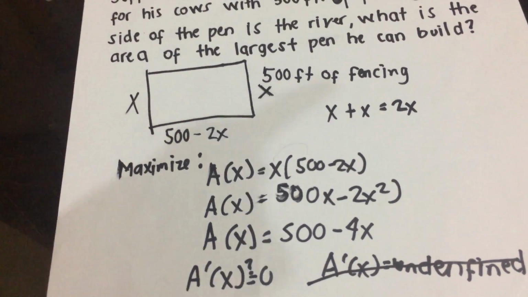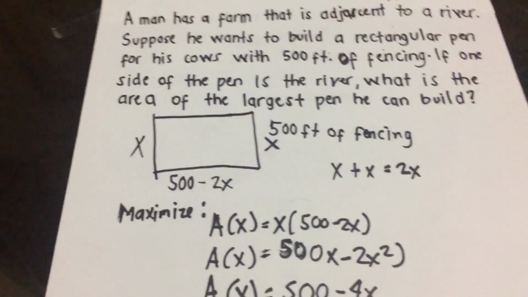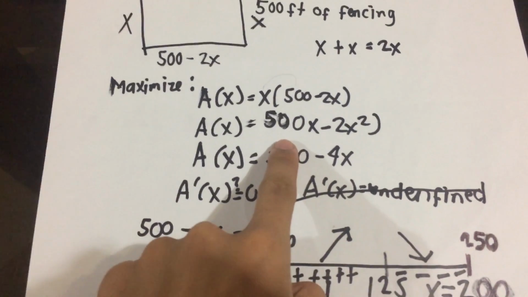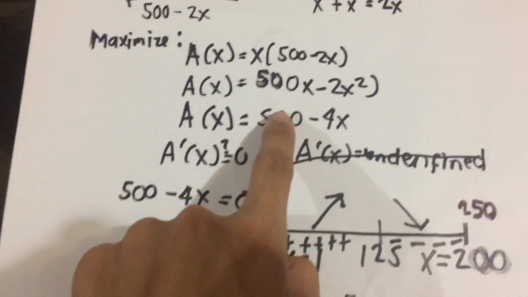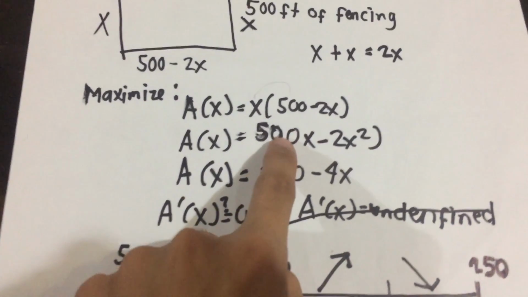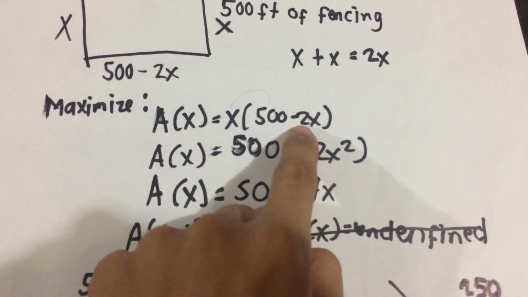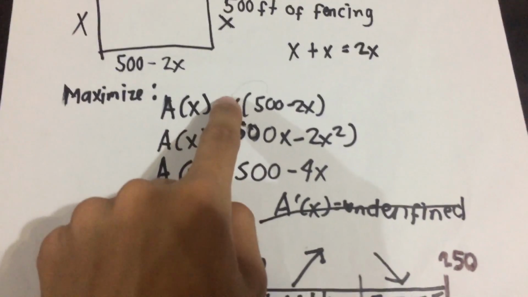Before I take the derivative, I have to use the product rule here. So now I've got 500x minus 2x squared here.